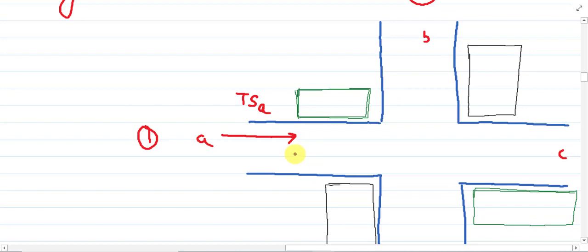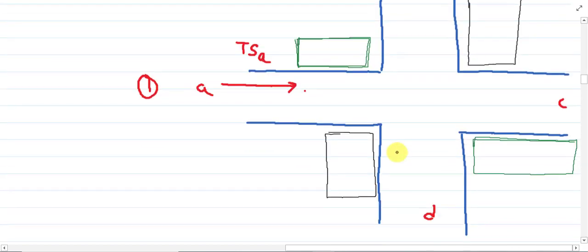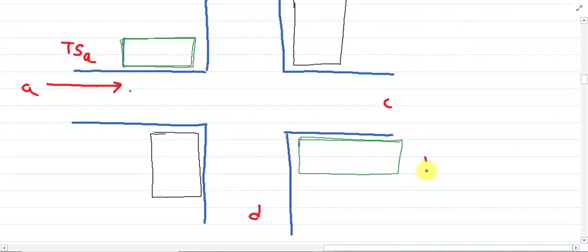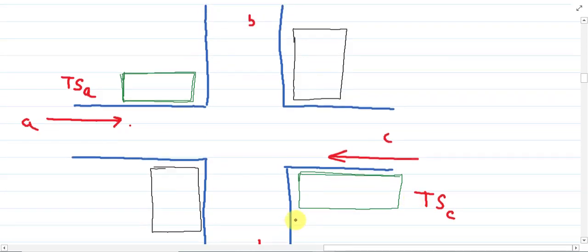So in simple words, this TSA, the traffic signal for leg A, is similar to the traffic signal at C. So this is useful for this one direction.